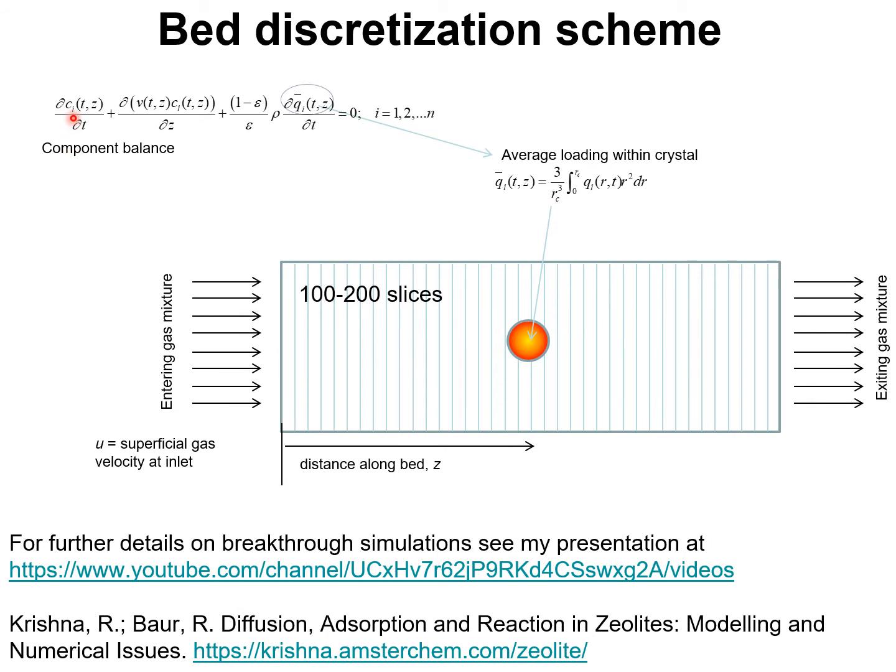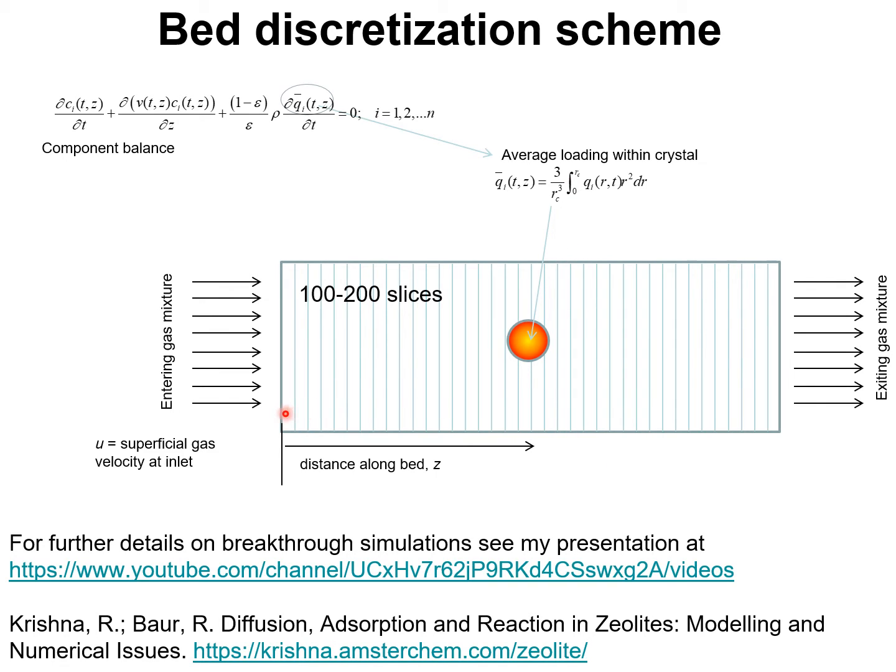The molar concentration c_i of each component in the gaseous mixture at time t in position z is described by this partial differential equation. The term here, q bar, is the average loading within the crystal determined by integrating over the volume of the crystal.